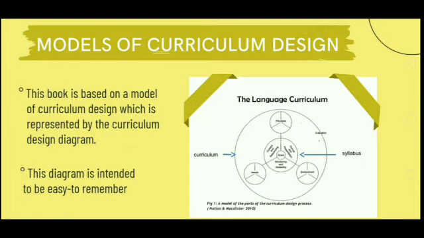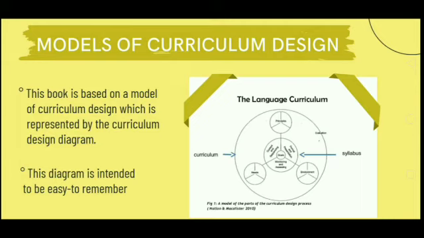Models of Curriculum Design. This book is based on a model of curriculum design, which is represented by the curriculum design diagram. This diagram is intended to be easy to remember. Basically, this diagram is like a guide for teachers, especially when they are facing curriculum design issues or reading articles on curriculum design.